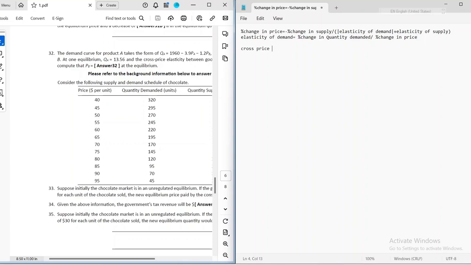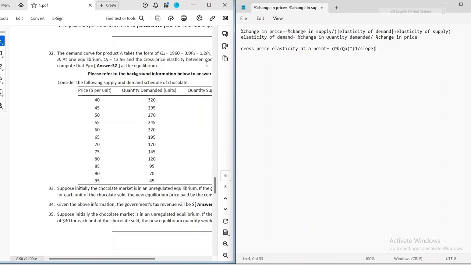So cross price elasticity at a point is simply PB, so the B is in the subscript. Okay, then QA, let me put it in the bracket, times 1 over slope.